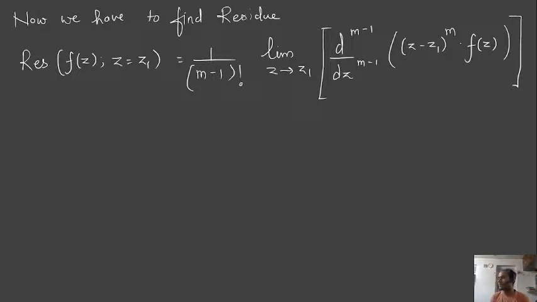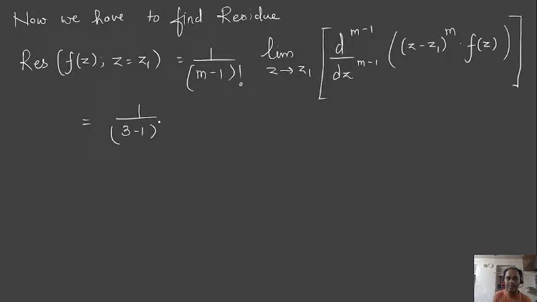Now m is equal to 3, so 3 minus 1 is 2 factorial.